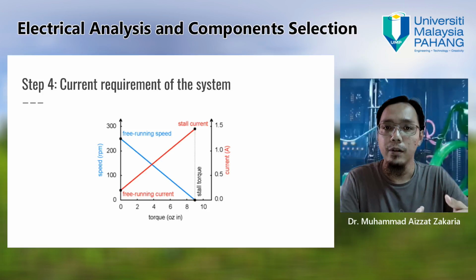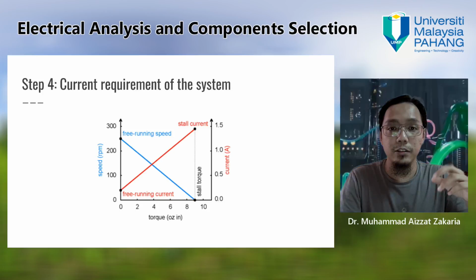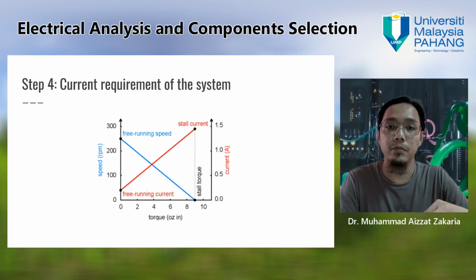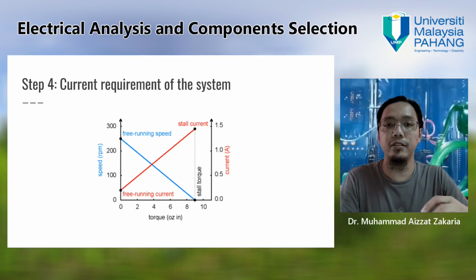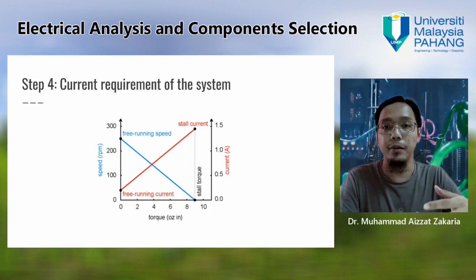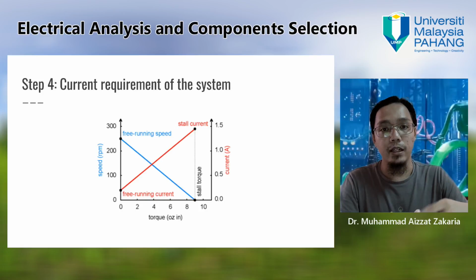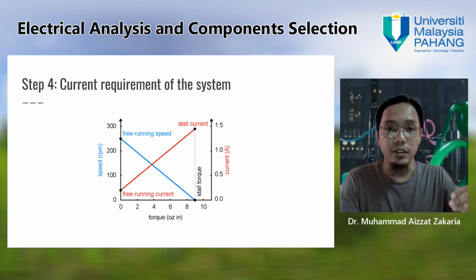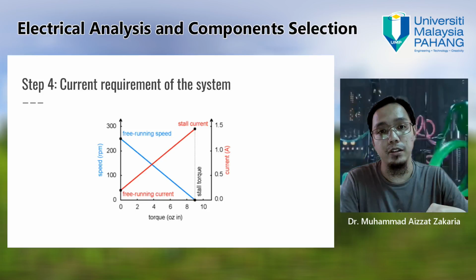So you will have a higher spike of current, and then gradually when the motor reaches steady state operating speed, the current will decrease until it reaches the steady state operating current.